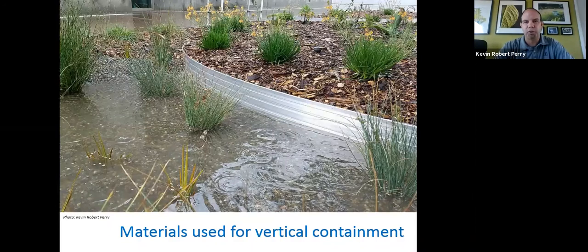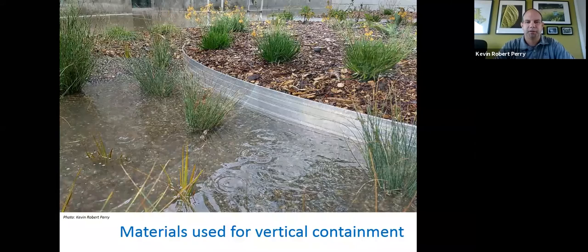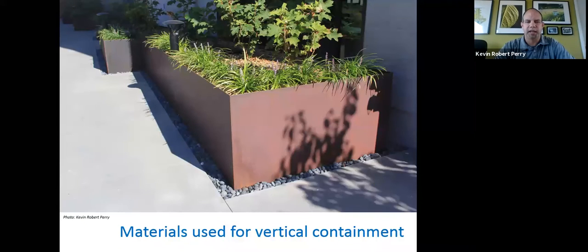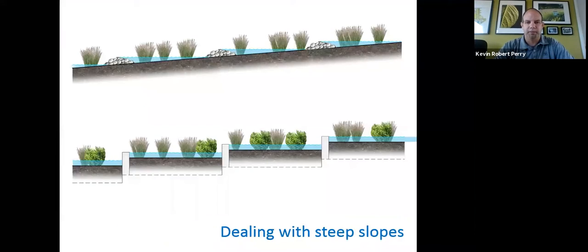That's using wood, but you could also use metal. A lot of different ways to do that. Obviously, when you're looking at these types of applications, we're looking at a more enhanced design and a little bit more costly application.